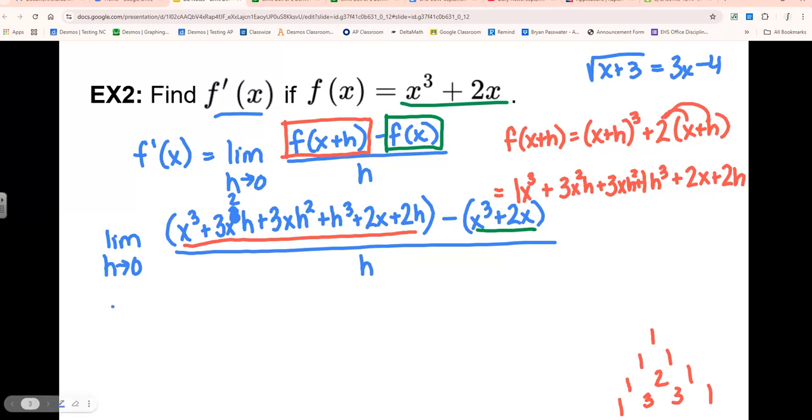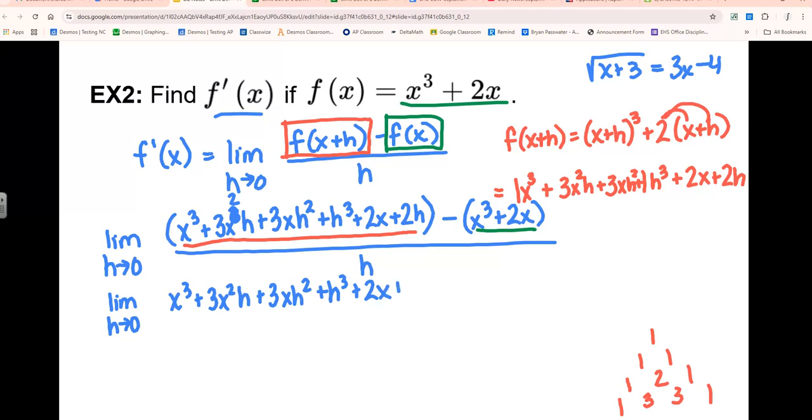So whenever we do this, I'll write it out just to make sure I'm clear here. So we have all this stuff. We've got x to the third plus 3x squared h plus 3x h squared plus h cubed plus 2x plus 2h minus x to the third minus 2x.